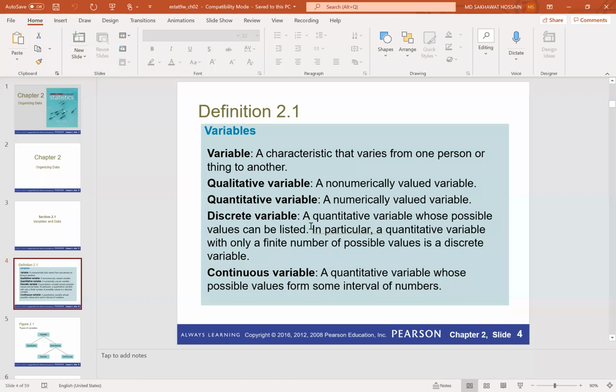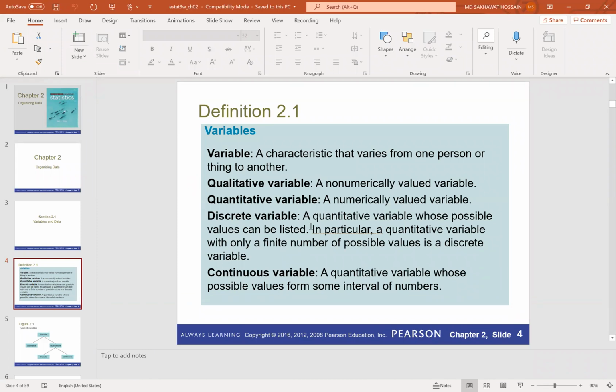What is a discrete variable? A discrete variable is a quantitative variable whose possible values can be listed. That means we can list all the possible values of that variable. In particular, a quantitative variable with only a finite number of possible values is a discrete variable.